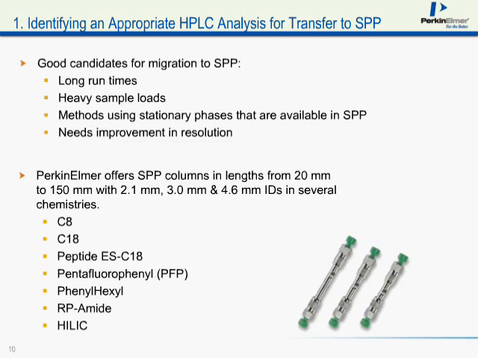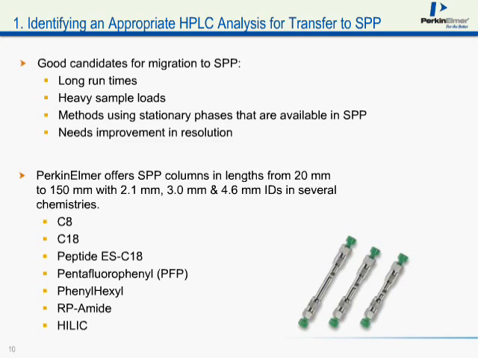For point number 3, the SPP columns that we currently have available at PerkinElmer are mostly reverse phase with 1 normal phase chemistry. These are all silica-based. We have a C8 and C18, which are your general purpose nonpolar compounds. We have a peptide ES-C18.